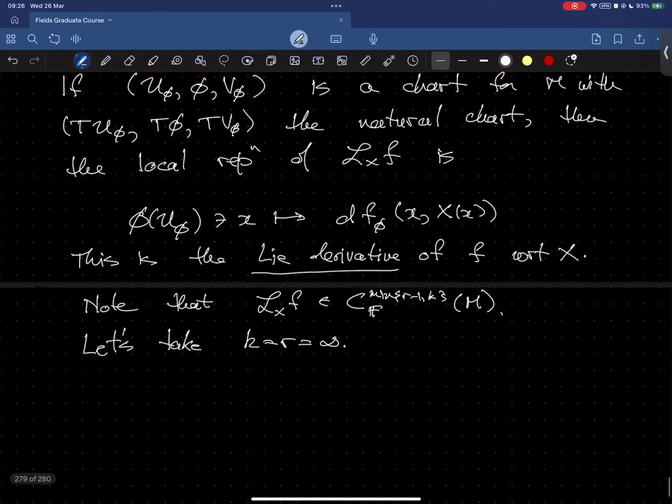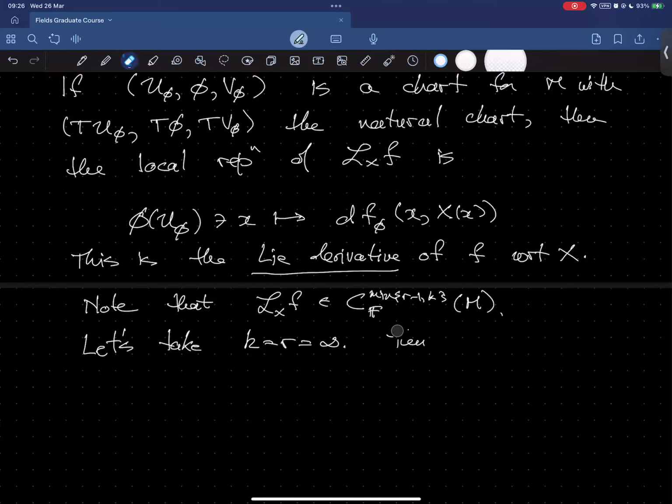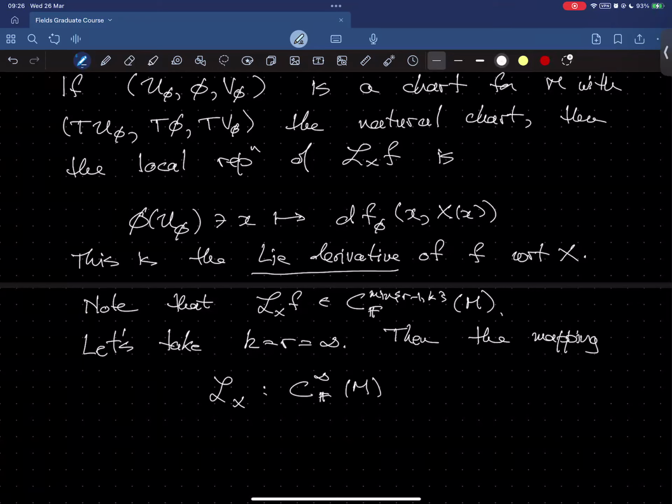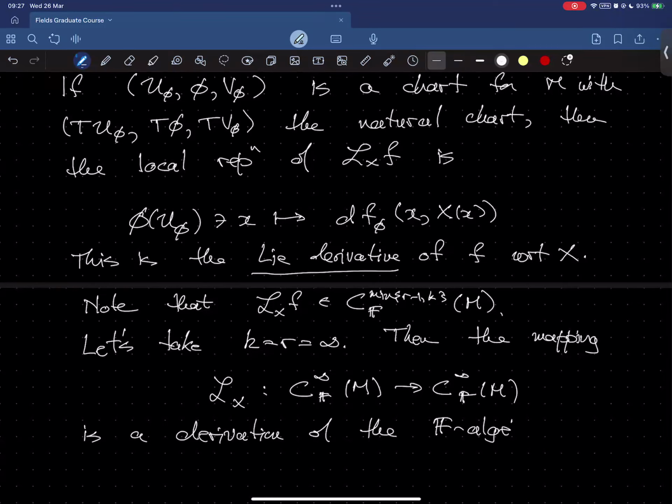All right, so in this case, the mapping L_X from C^infinity(M) is a derivation of the algebra C^infinity(M).